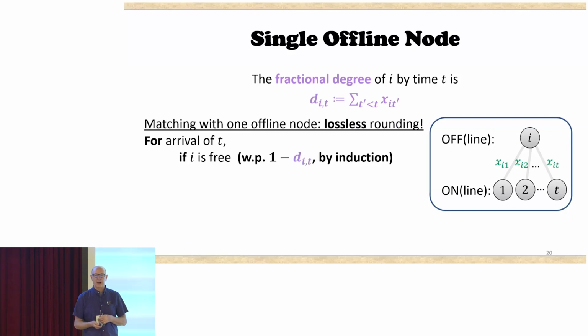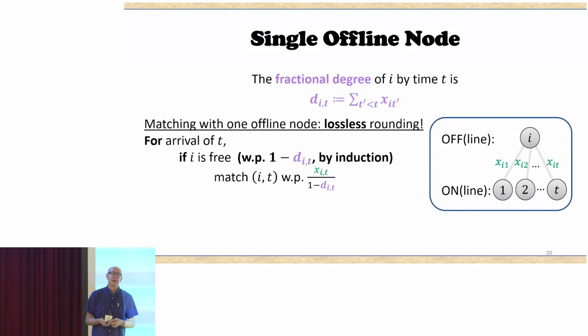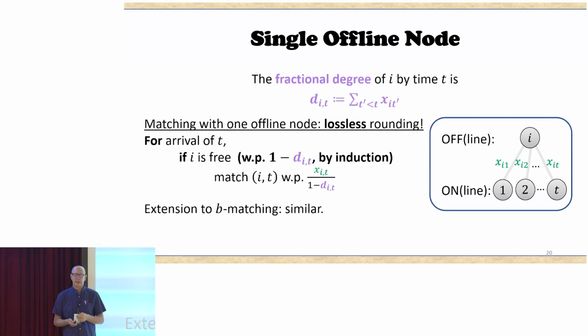When t arrives, if I is still free, meaning it has not reached its capacity of b, and this has happened inductively with probability 1 minus d_it, we want to match the new online vertex t with probability x_it divided by 1 minus d_it.